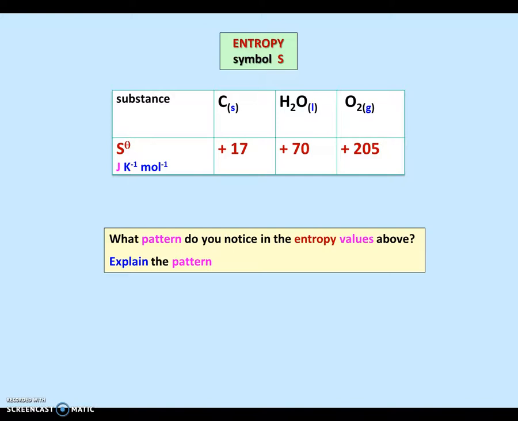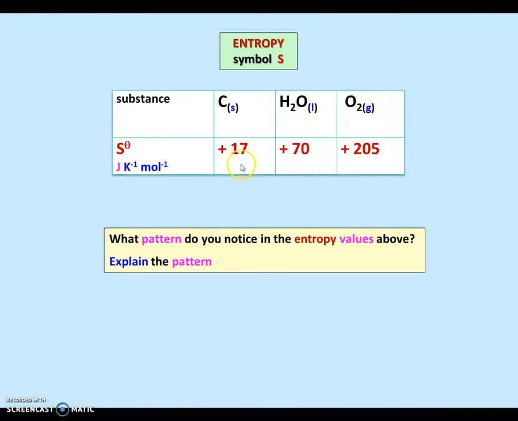Looking at these numbers here, these substances: carbon is a solid, water is a liquid, oxygen is a gas. What can you infer from these entropy values?